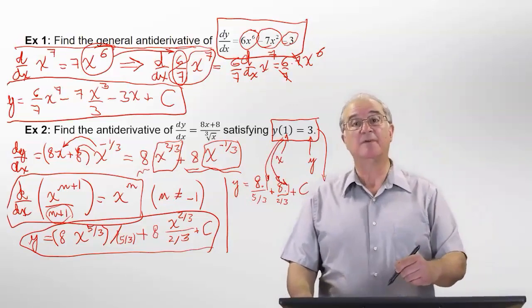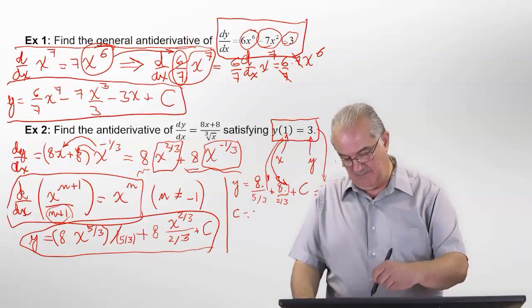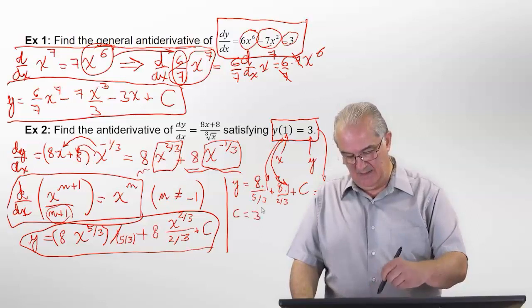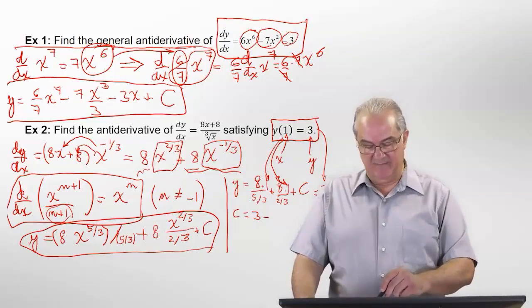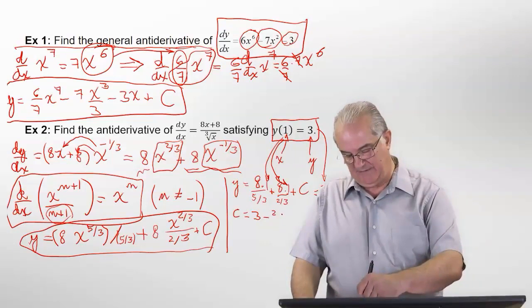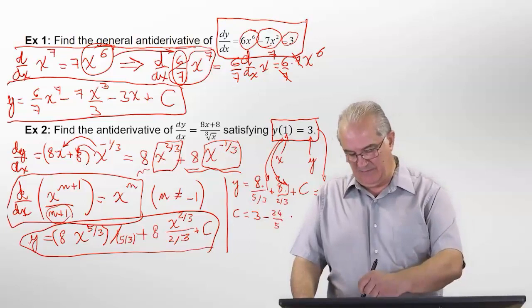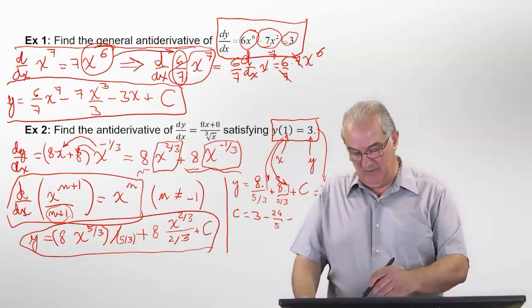So now we can solve for the constant c. C is equal to 3 minus, what is 8 divided by 5/3? The answer is 24/5. And then we have to subtract 8 divided by 2/3, which is 12.